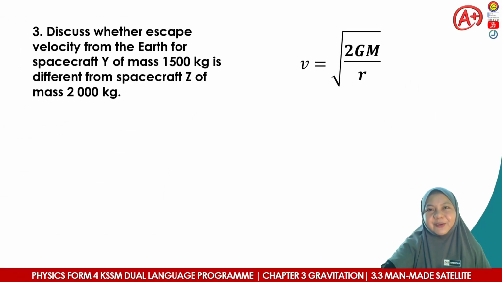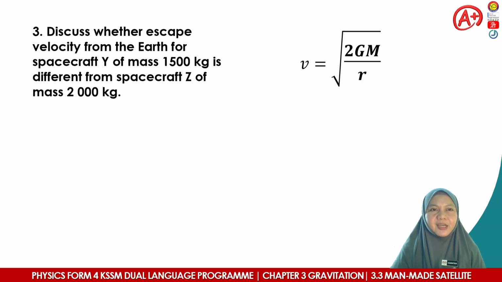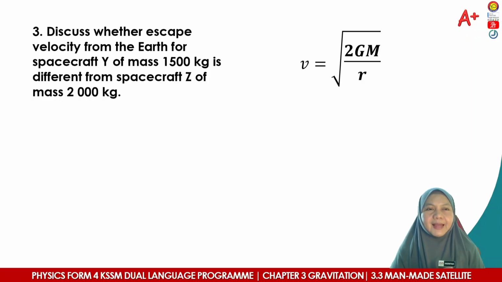Okay, question 3. Discuss whether the escape velocity from Earth for spacecraft Y of mass 1,500 kg is different from spacecraft Z of mass 2,000 kg. So actually in this question, we want to learn whether the mass of a spacecraft affects its escape velocity from the Earth's surface.